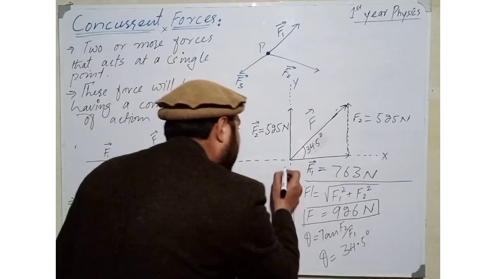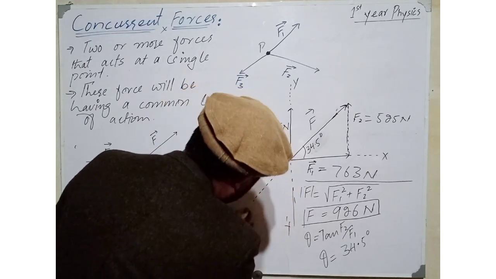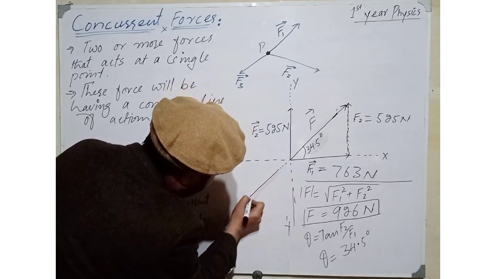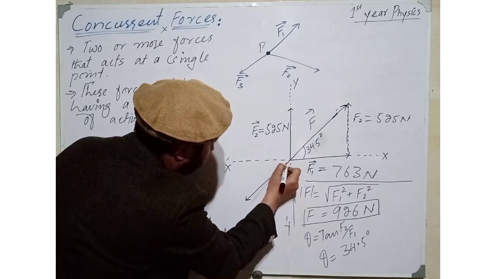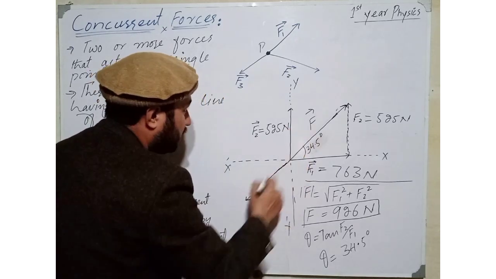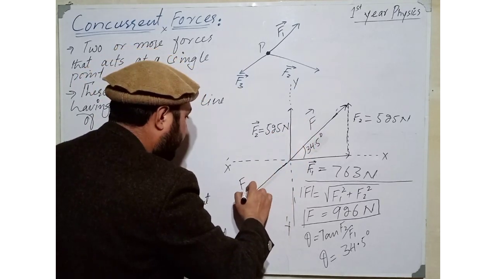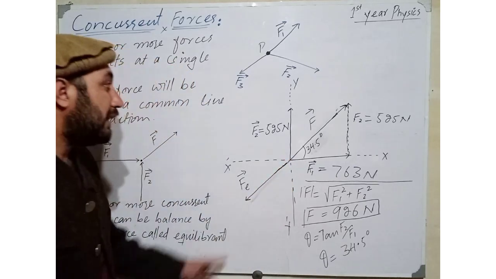So we can draw a force in this direction. I hope it looks anti-parallel. You can see that it is totally anti-parallel to the resultant force, and let's call it Fe, the equilibrant force.